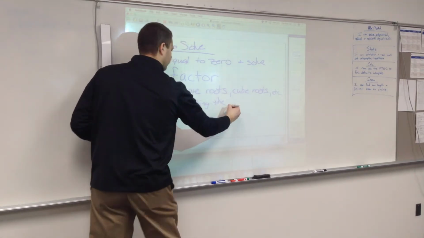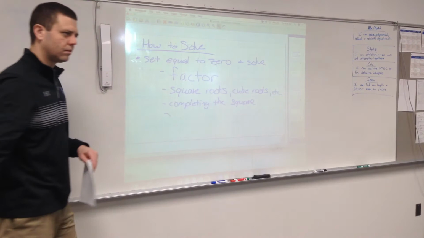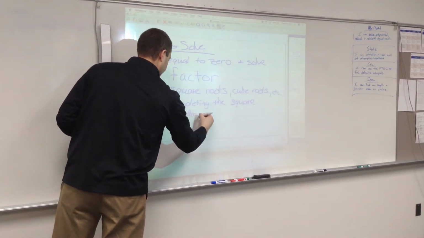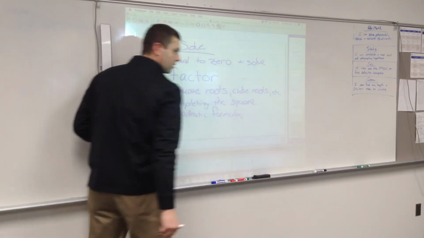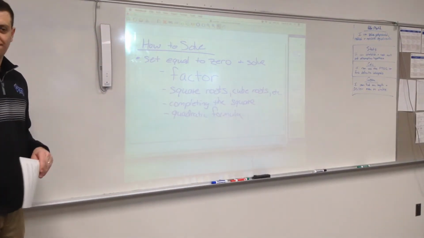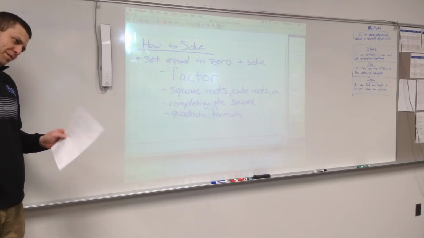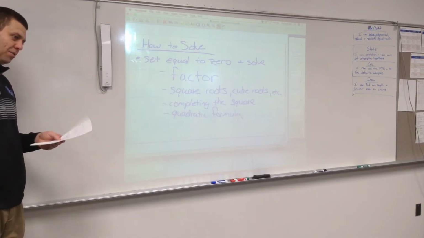Completing the square. Quadratic formula. Do you remember that one? X equals negative b plus or minus square root b squared minus 4ac all over 2a.